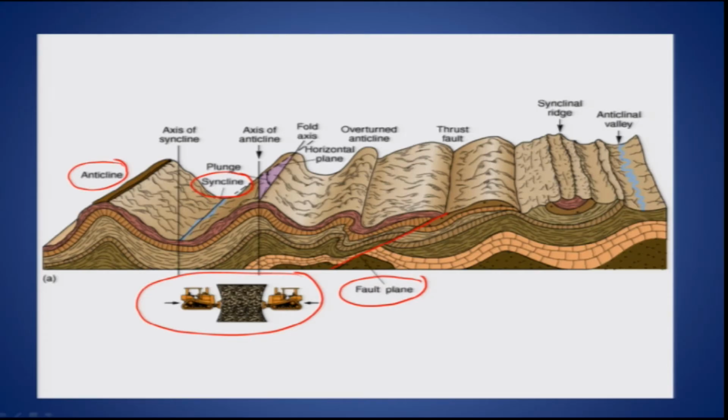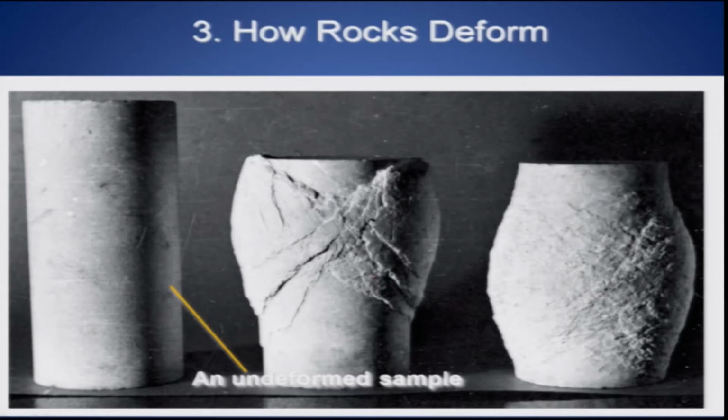Okay. So, let us move ahead in this course. Now, this is how rock deforms. This we discussed in one of the lectures: this is an undeformed cylinder shown here, and when you keep on pressing it, you have fracturing. This is a kind of brittle fracturing.